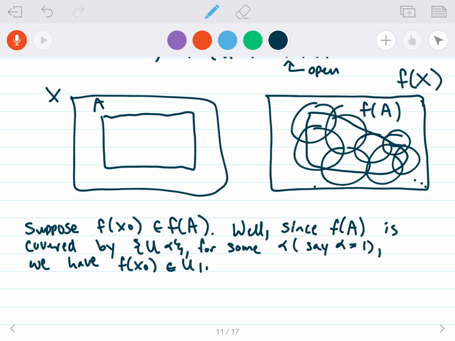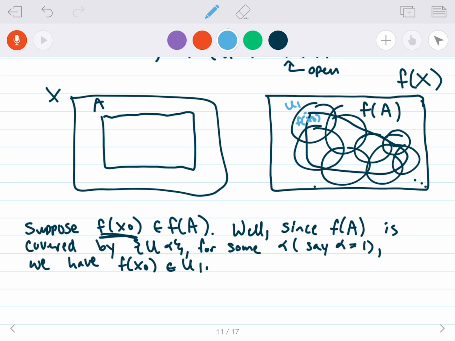Okay, so it's just saying, all right, we have this infinite collection of open sets, and there's a point in the image, and since the image is completely covered with these open sets, that means that this guy, F of x naught, has to be in one of these open sets, and I'm calling this open set U1.